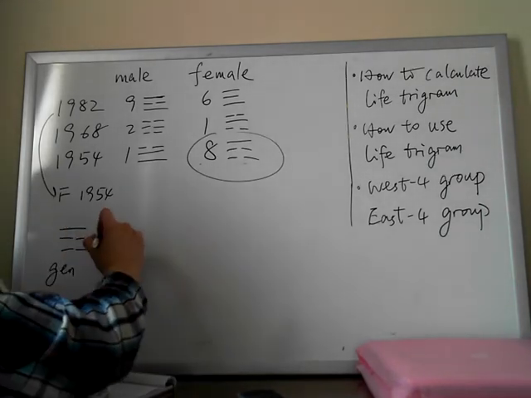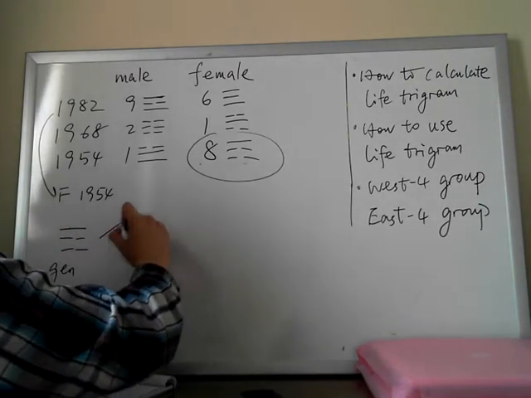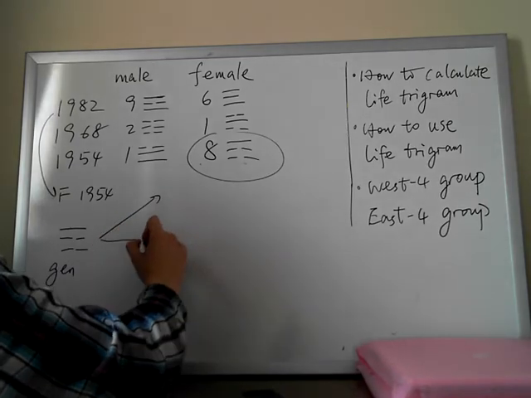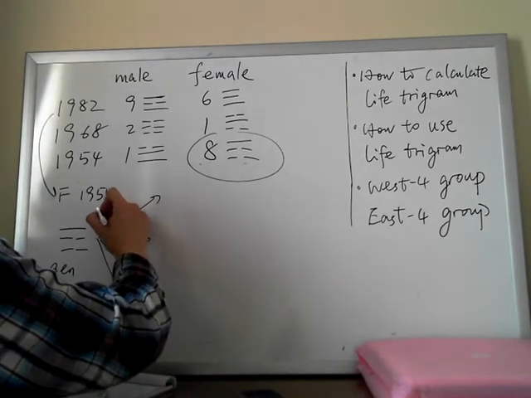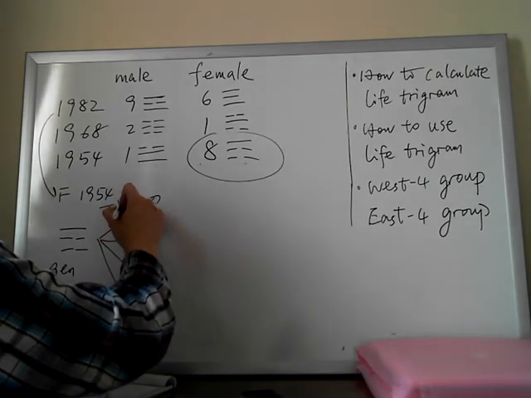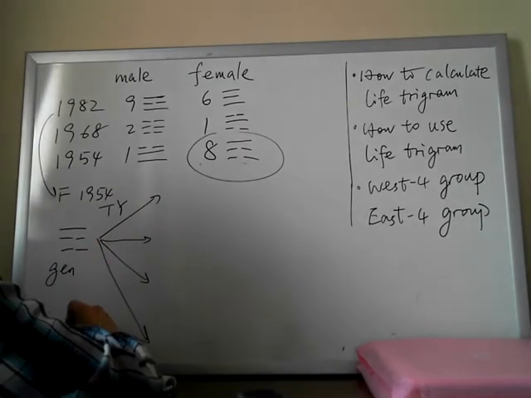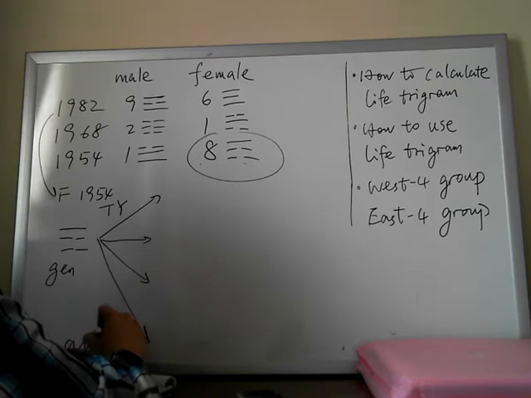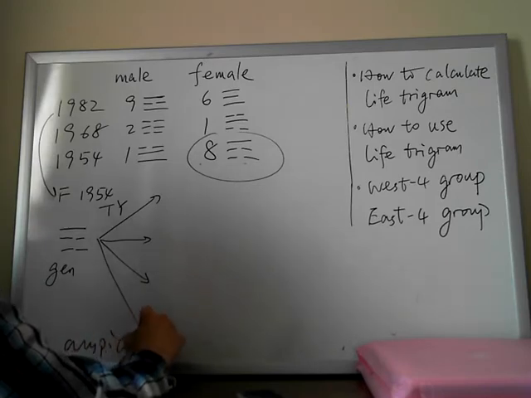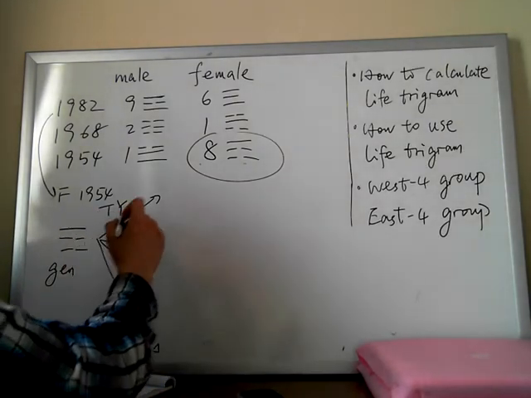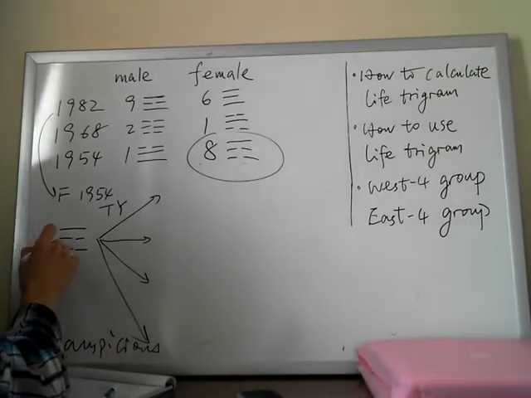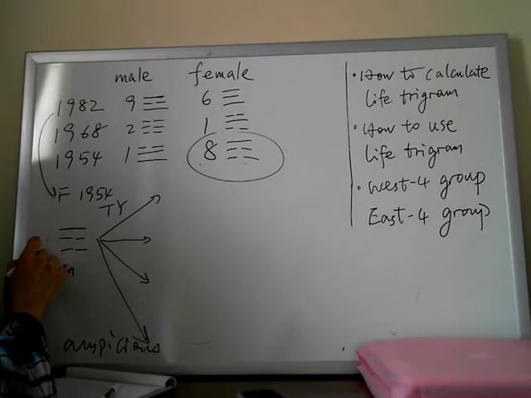So the auspicious directions. Tian yi: you change the middle line and the bottom line.